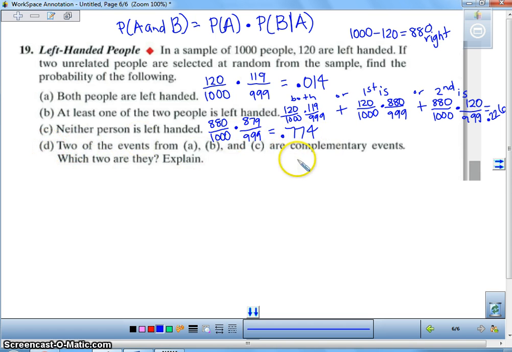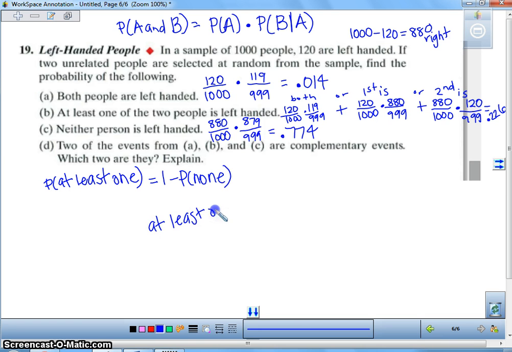Part D says two of those events are complementary. Which two are they? We've already talked about the probability of at least one being 1 minus the probability of none, and that works because at least one and none are complementary.